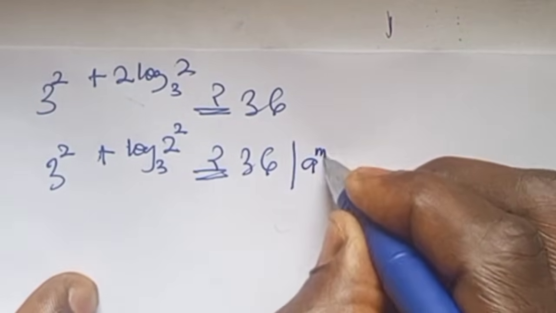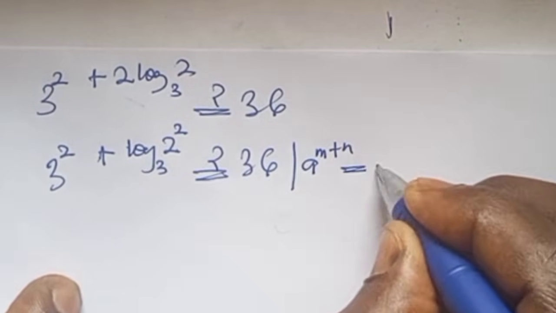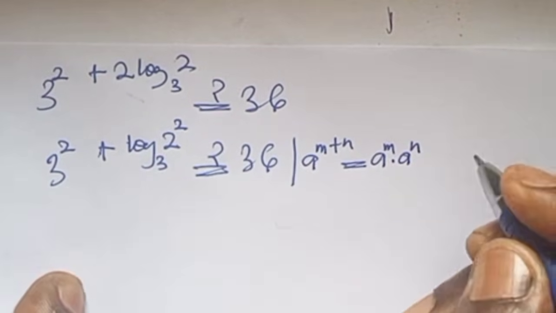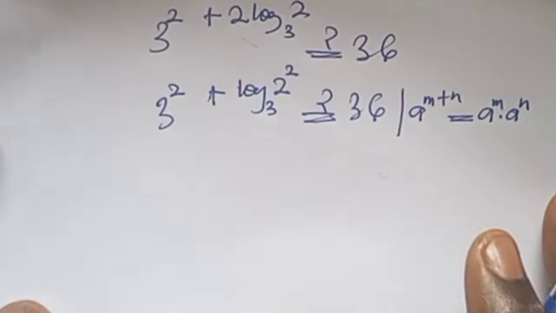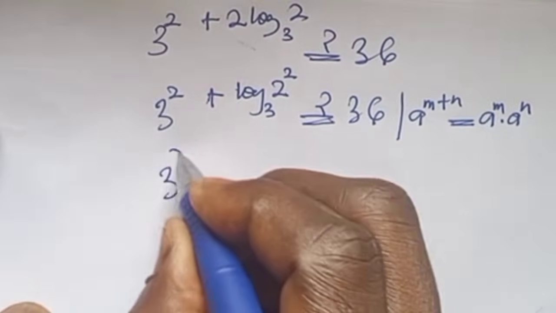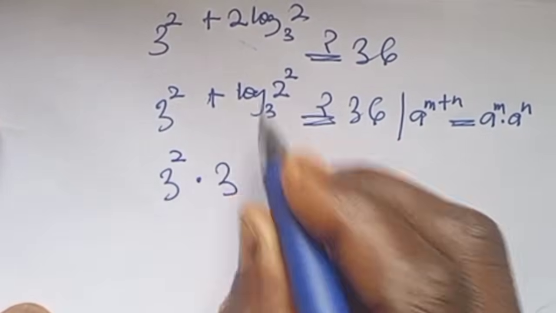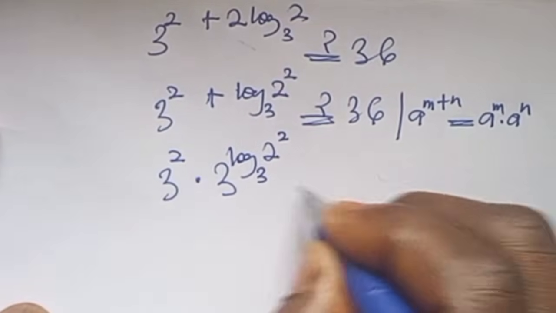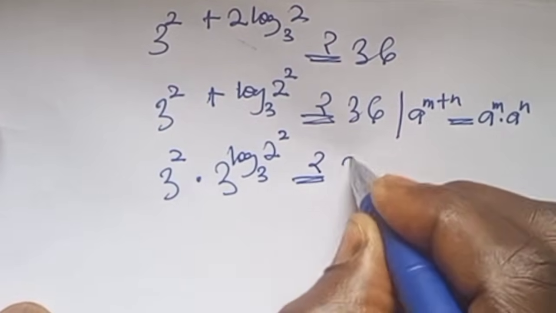But a to the power of m plus n can be represented as a to the power of m times a to the power of n. So the next line becomes 3 to the power of 2 times 3 to the power of log 2 to the power of 2 base 3. Can this be equal to 36?